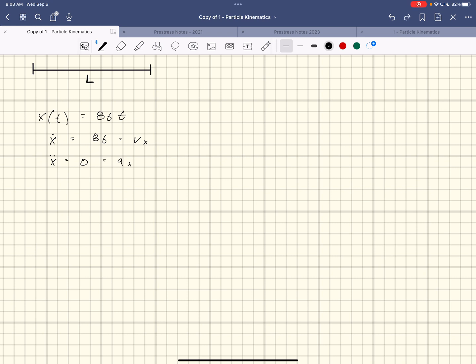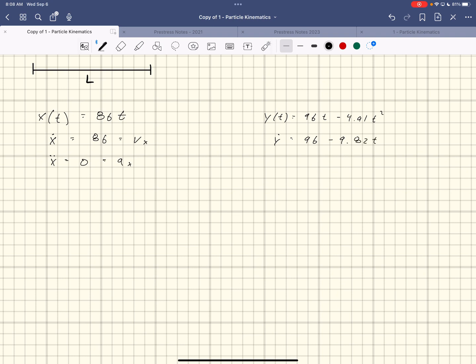Now we look at the y direction. This way is a little bit easier, I think, a little more straightforward going this direction. y of t, 96t minus 4.91t squared. Do y dot, that'll give us a velocity. This is going to be 96 minus 9.82t, right?